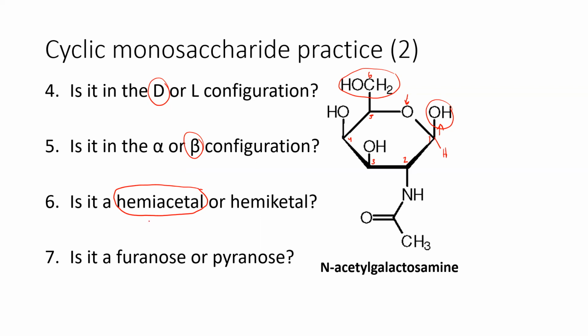If this was a hemiketal, you would have another bond to a carbon over here. So this would be maybe CH2OH or some other hydrocarbon with hydroxyl attachment to it.